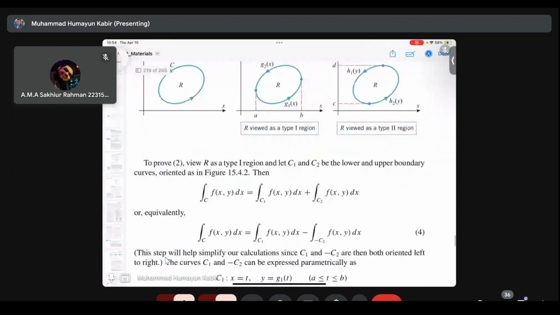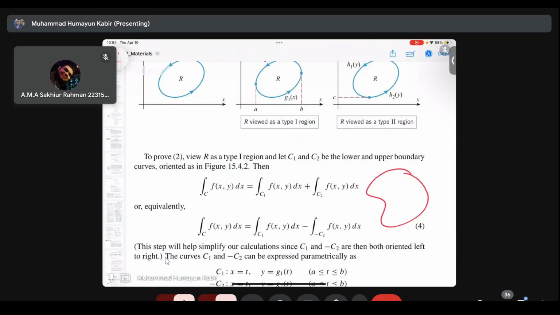Suppose this one is C. Since it is closed, there must be a region inside the curve. If it is open, there should not be a region inside it. Since it is closed, there must be a region inside C.